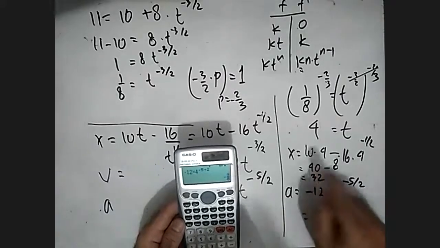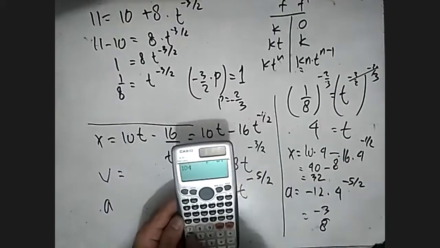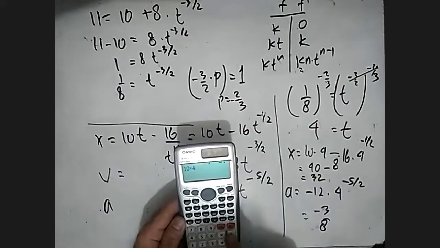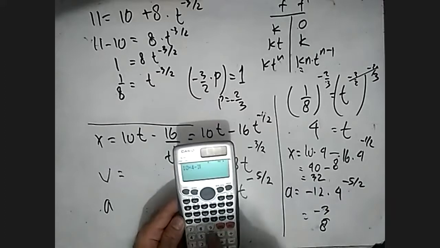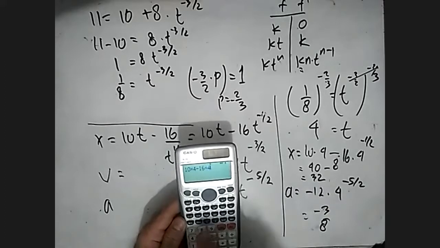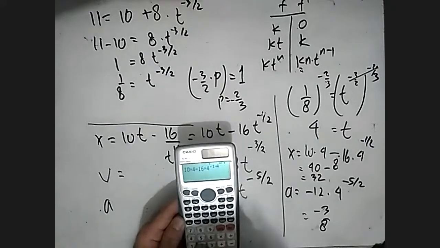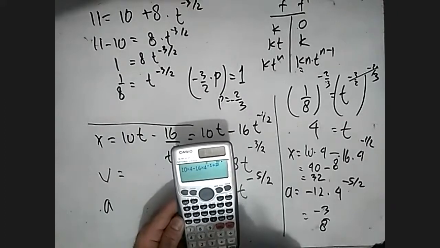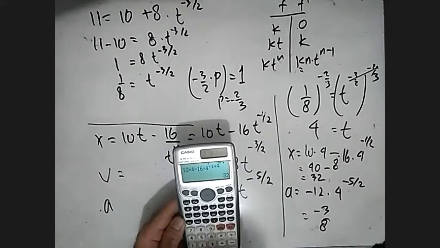You can go directly here: 10 times 4 minus 16 times 4 to the power of negative 1 over 2, negative 1 divided by 2. That's it, 32.